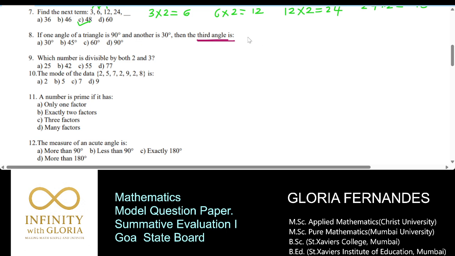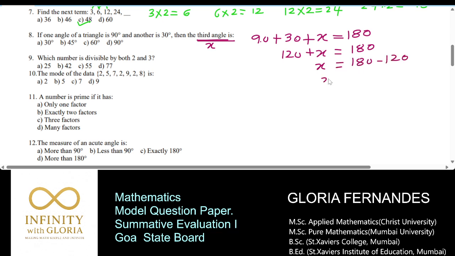The sum of the angles has to be 180 degrees. So 90 plus 30 plus the third angle, let's say x, the sum has to be 180. So 90 plus 30 is 120, plus x equals 180. So x will be 180 minus 120. So x is going to be 60 degrees. Got it? So your answer is 60.